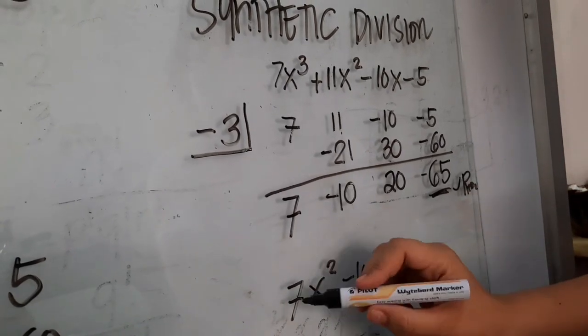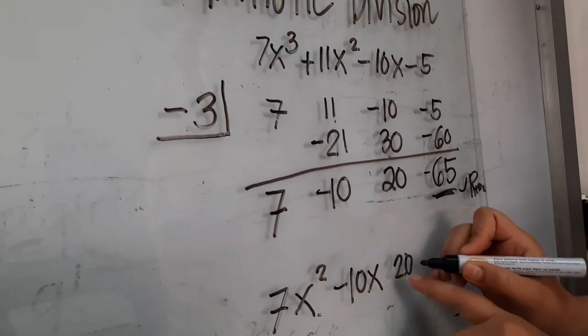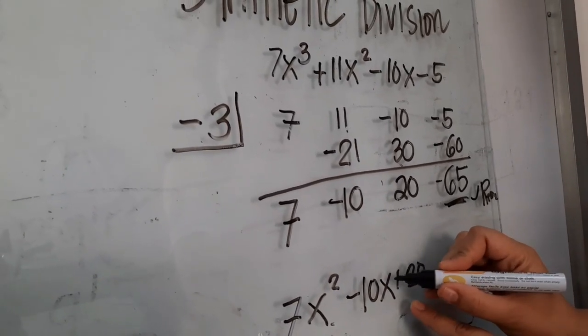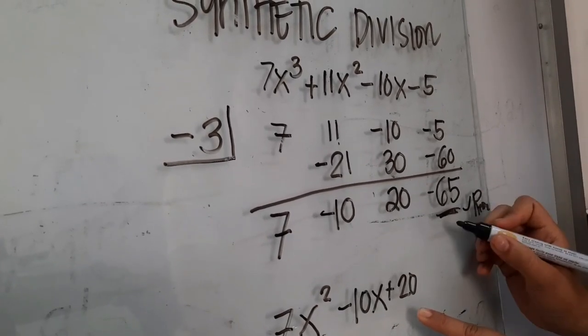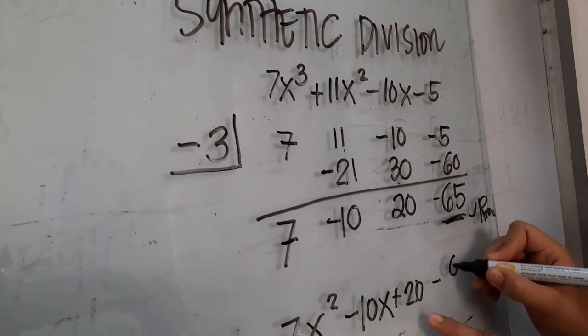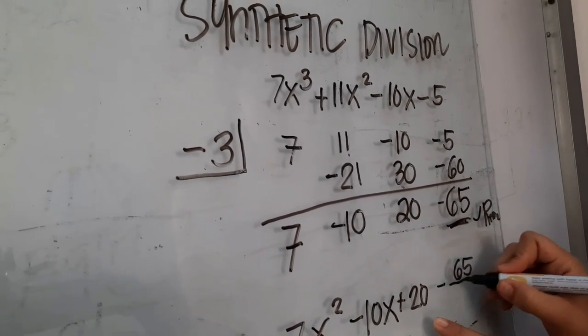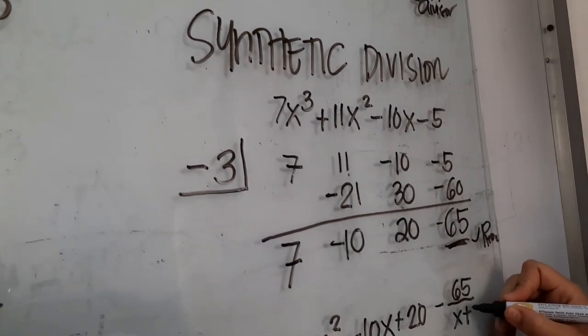Magpaubos ta gamay, 7x squared minus 10x, sumpay, 20, wala man siya sign, it means positive. And this is now the quotient plus our remainder, which is negative 65. I-divide na to daan kung unsa ang divisor, which is x plus 3.